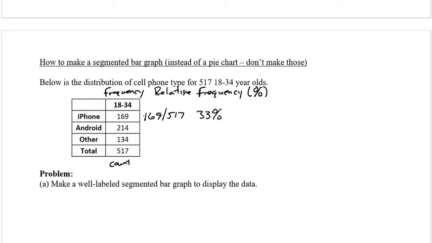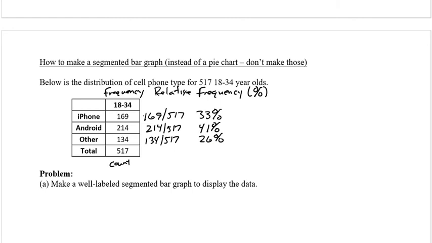Android, 214 out of 517, which is about 41%. And finally, the other 134 people out of 517, and that's about 26%. So we had to calculate the percentages in order to make the segmented bar graph.